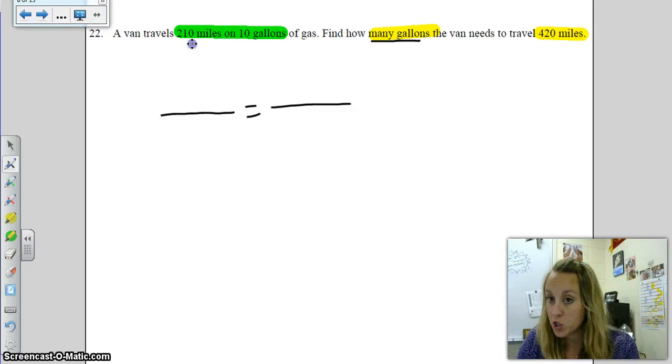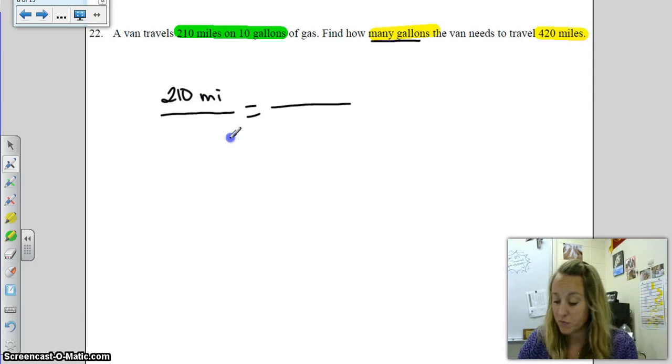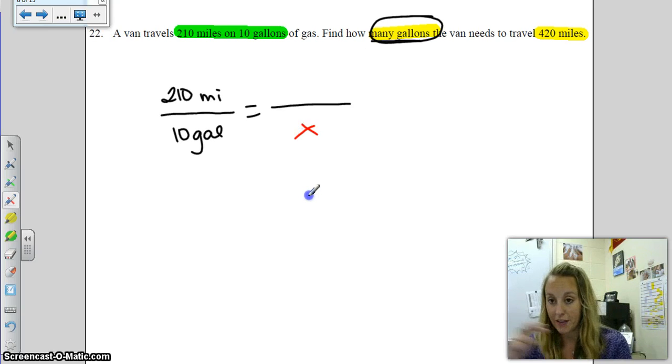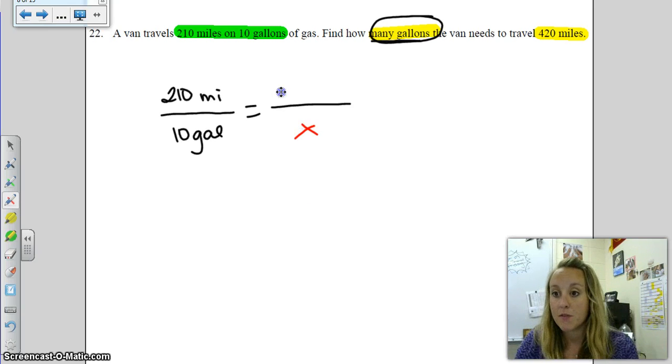So let's go ahead and put 210 miles on top. The only reason I chose to put that on top is because that's what I read first. Remember, you could easily have that on bottom. So that's over 10 gallons. Now, I am looking for gallons. So that's where I'm going to put my X. I'm looking for gallons, so you put your X where the gallons are labeled. Then I put 420 miles on top of that.